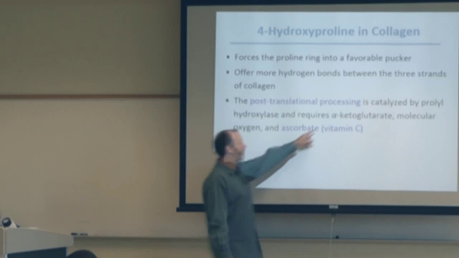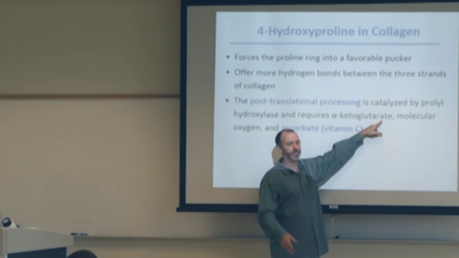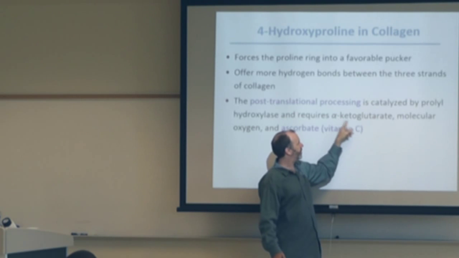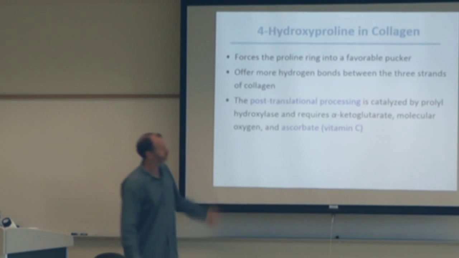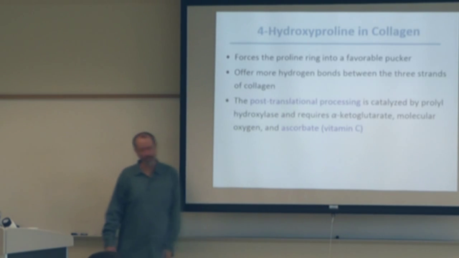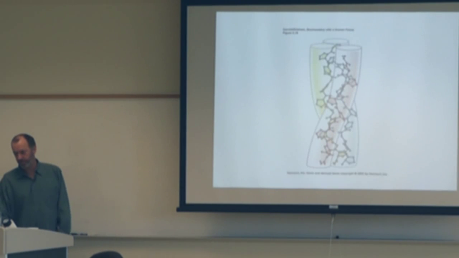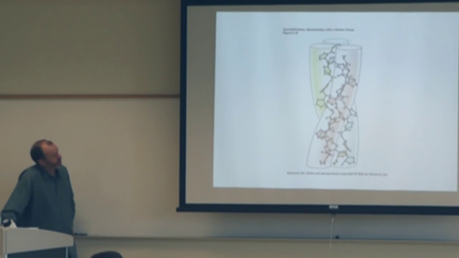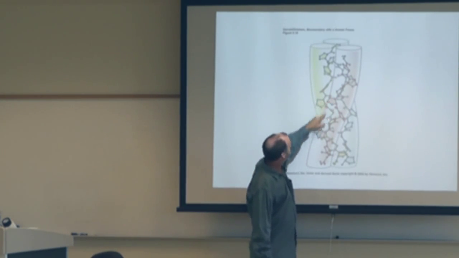So anytime you see alpha ketoglutarate, this is the charged version of alpha glutamic acid, or glutamic acid rather. And molecular oxygen and ascorbate are all required for adding the hydroxyl. And this shows you the interaction of hydrogen bonding between the triple helix.